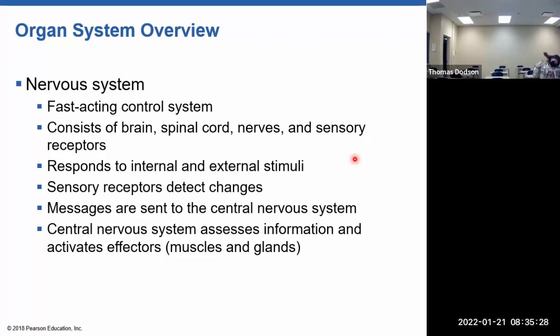Messages will be sent, although this is not our only messaging system in the body, but it is an important one. In our central nervous system, you may see this sometimes abbreviated as CNS, central nervous system. It will try to figure out what's going on. It assesses information and then activates different effectors, whether it's a muscle, a gland, whatever the case may be.